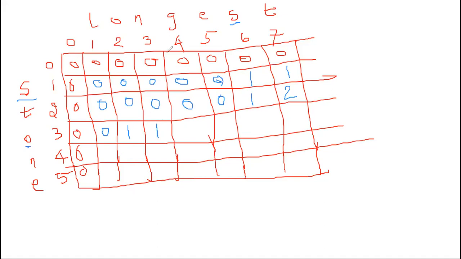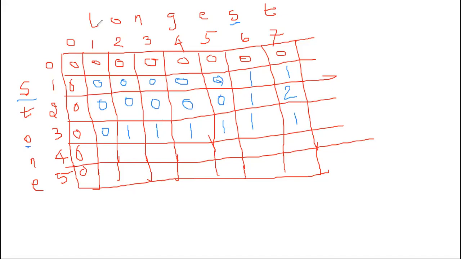O is compared with the Z, so therefore there is no match; take the maximum, 1. Next, O is compared with the E, take the maximum, 1. Then O is compared with the S, 1. Correct.